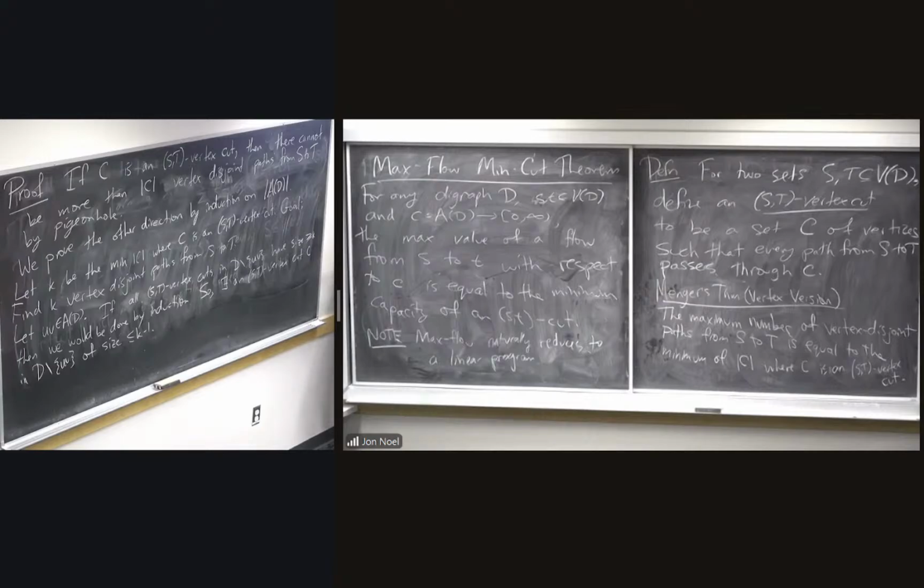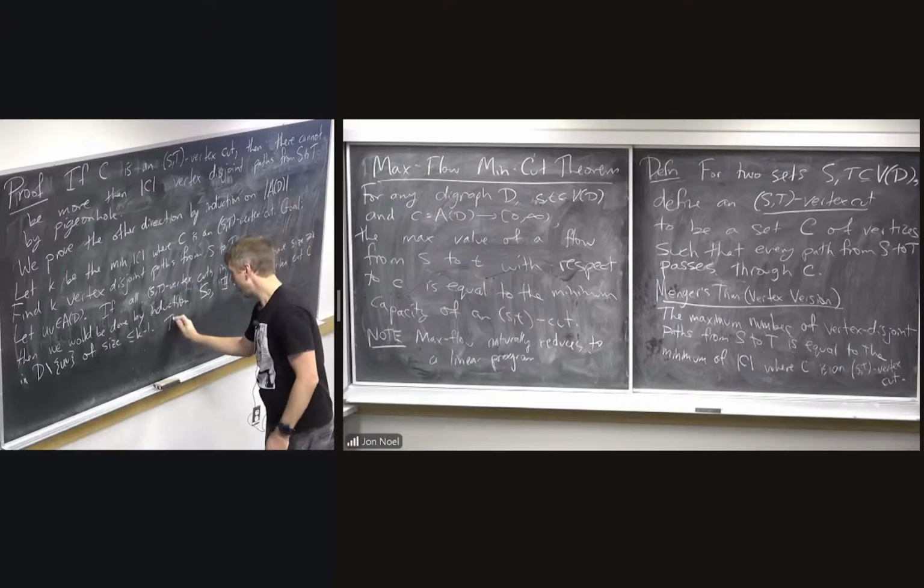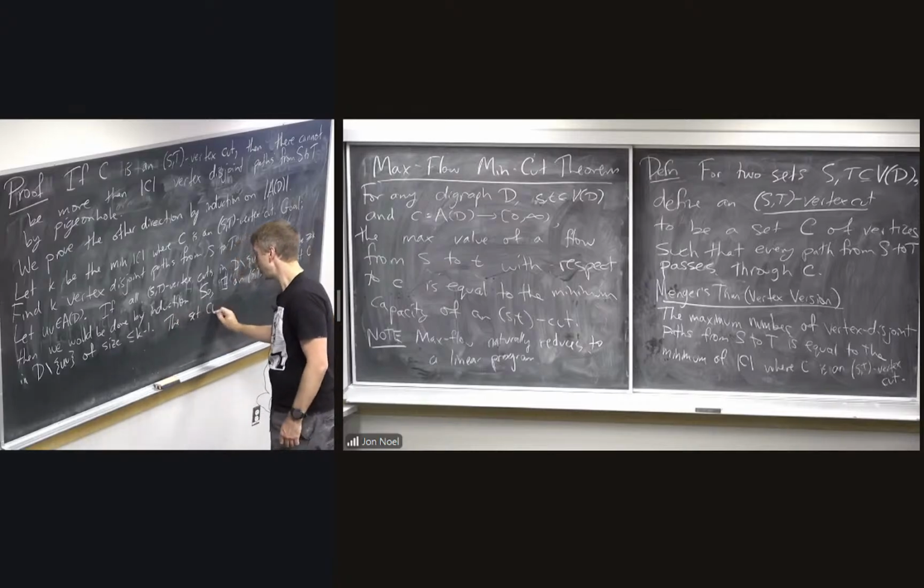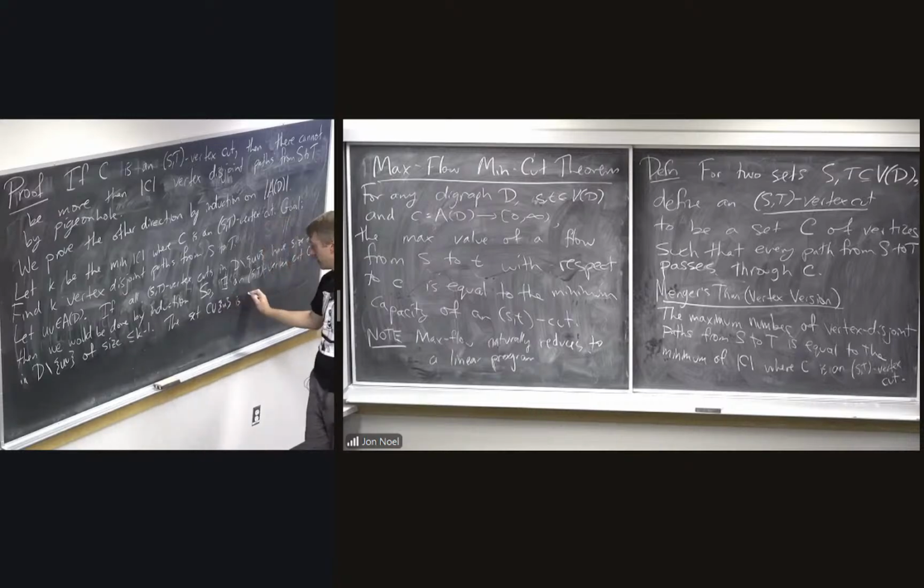Because if you think about it, if I take a path from S to T in the original digraph, either it doesn't use the arc UV, in which case it must go through C, or it uses the arc UV, in which case it uses the vertex U. So if I take C union U, it is an ST vertex cut in the digraph D, right?